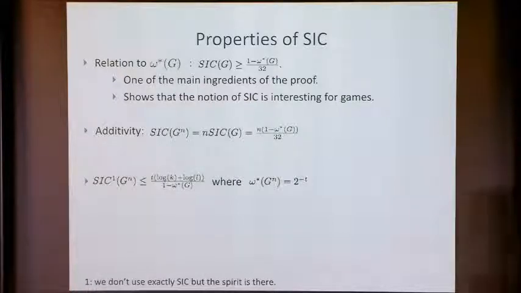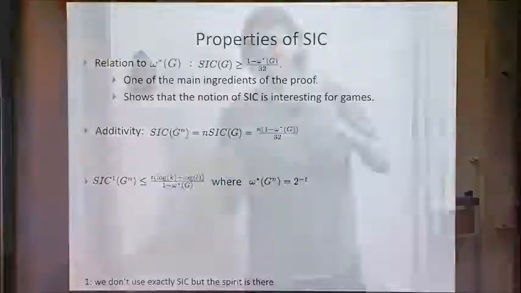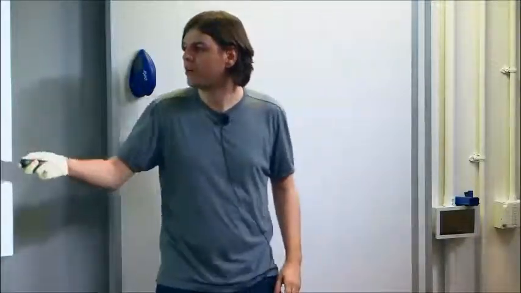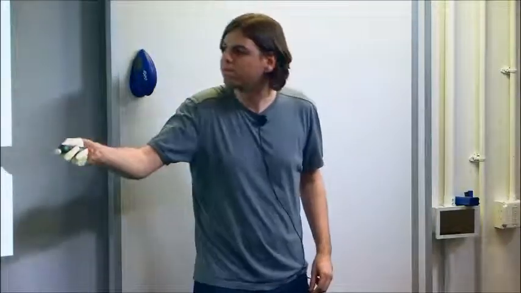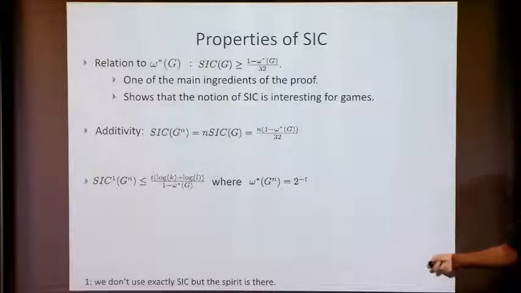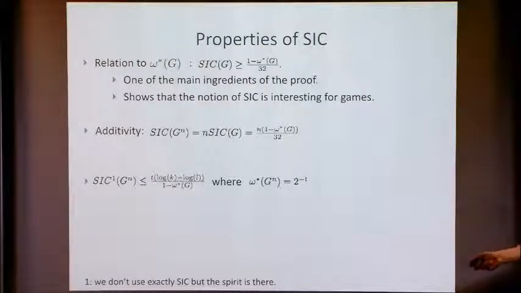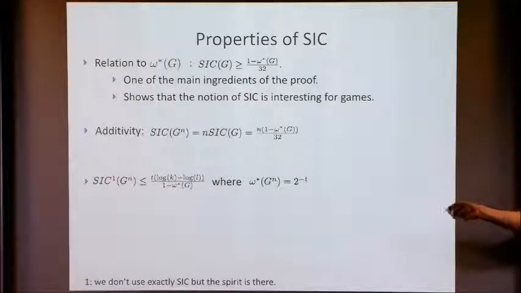And third of all, looking at this mutual information, the third step would be to bring it back and relate it to this value omega star of g^n. There's a disclaimer, so it's not exactly what we show, but something in this spirit: we can show that this value sec of g^n can be upper bounded by something which depends only on this parameter t and not on n.